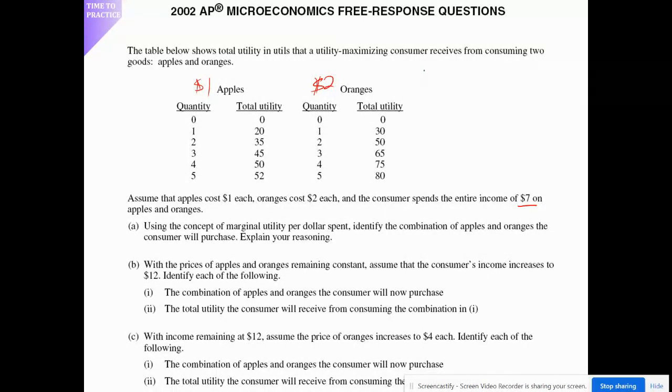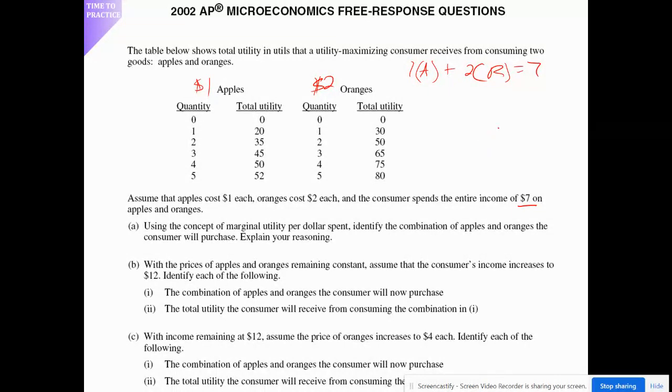So our budget constraint is 1A, right? Plus, I'm going to use R for oranges because if I put zero O, it'll look like zero. So I'm going to put then $2 times the number of oranges equals $7. That's my budget constraint.